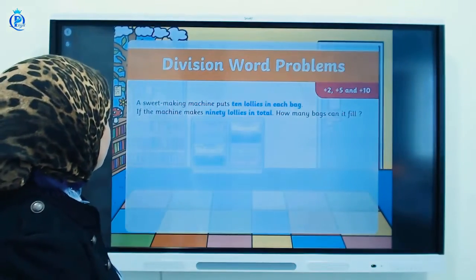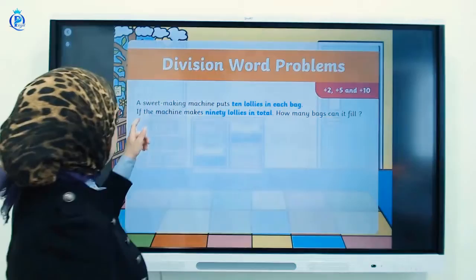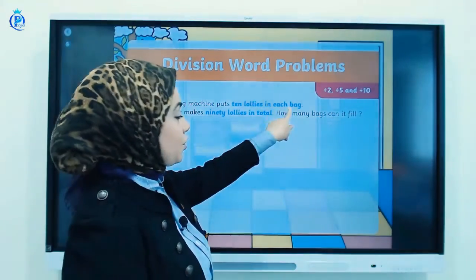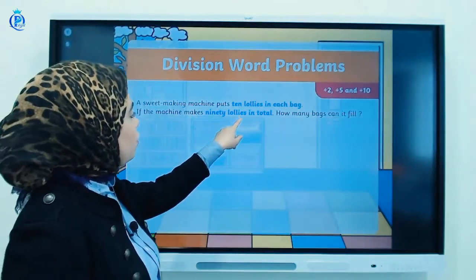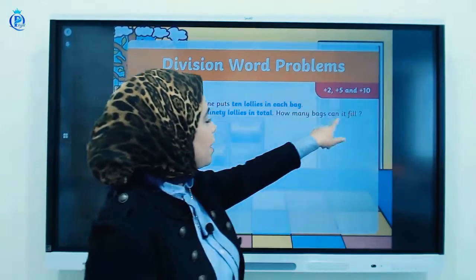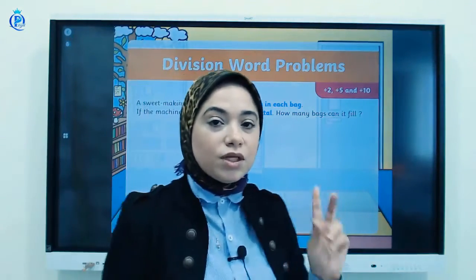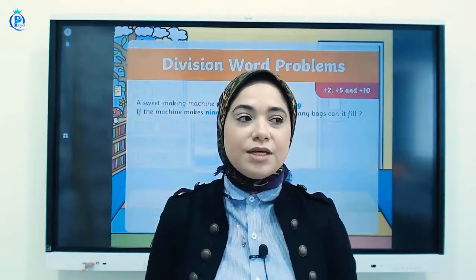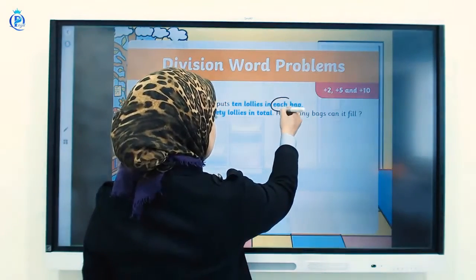Now, let's take another story problem. A sweet making machine puts 10 lollies in each bag. If the machine makes 90 lollies, how many bags can it fill? What did you notice here? Yes, I noticed each. What does each mean?